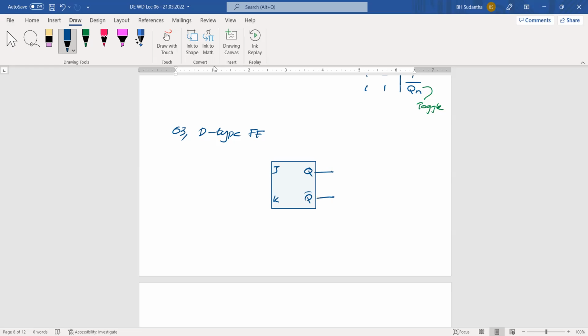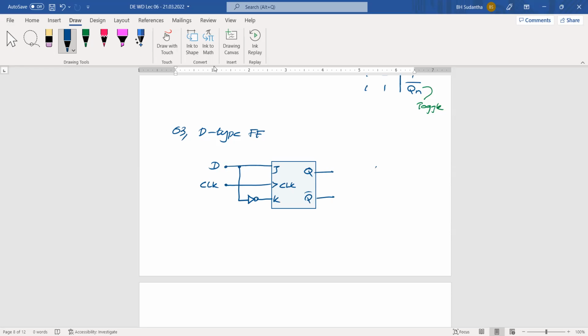This is J, K and clock. We have placed a NOT gate in between this J and K, and this is the clock input. This is clock, and we say this is the D terminal, and this is the D type flip-flop.